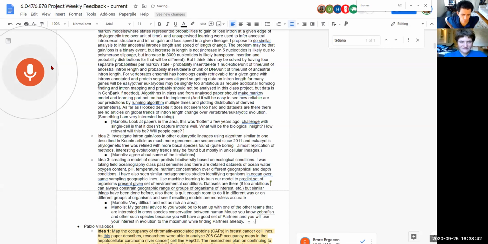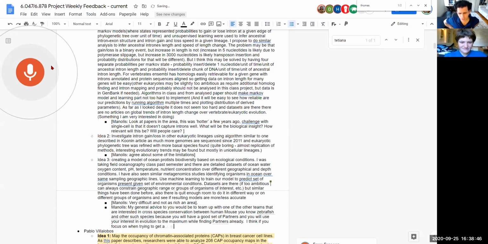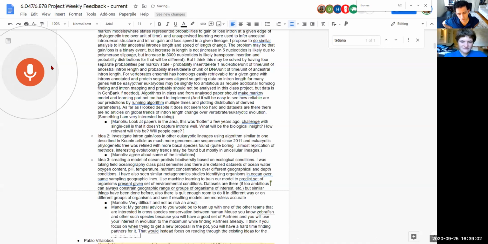I think if you focus on trying to get a new proposal in the pot, you will have a hard time finding partners for it, period. So I would instead focus on reading through the existing ideas for the keywords evolution and something along these lines.